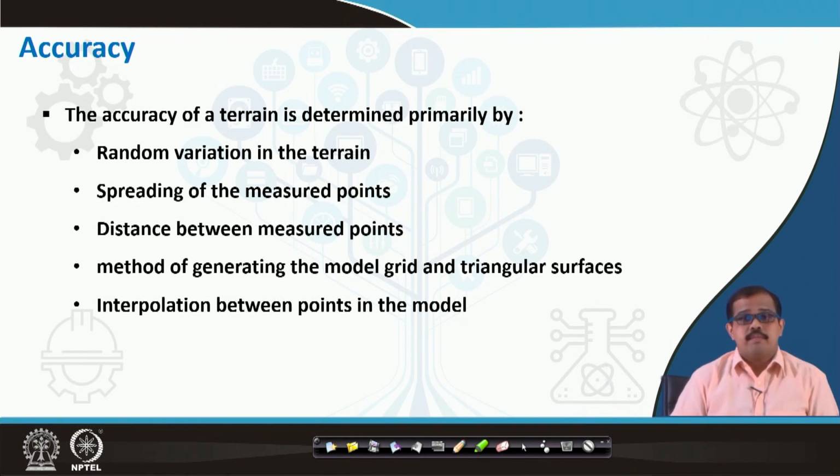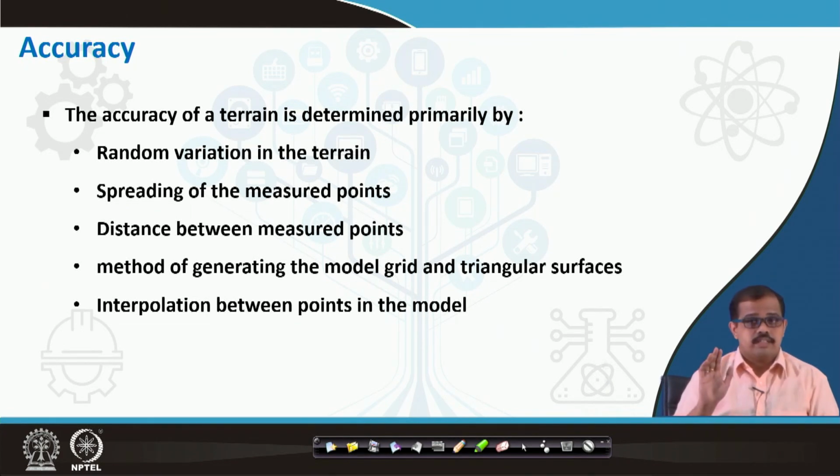Then the distance between the measured points. As I said, if the distance between the measured points is smaller, then it is a better polygon than having larger-distance polygons when you are developing a model. Then the method of generating the model, grid and triangular surfaces.